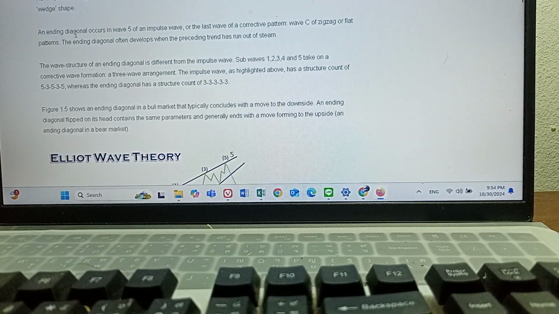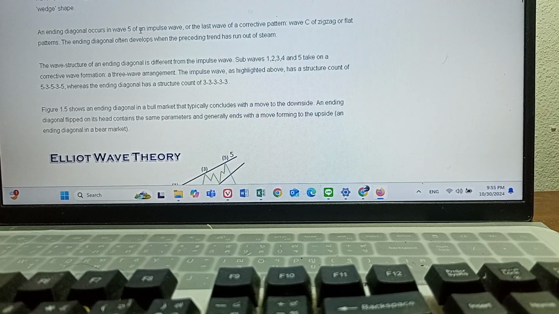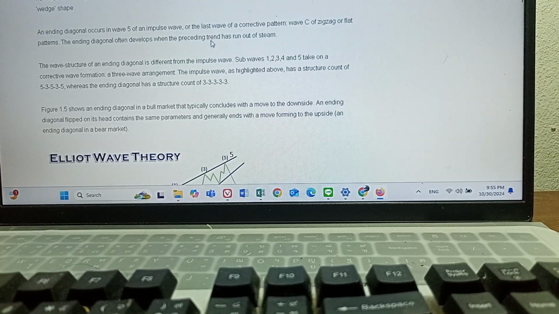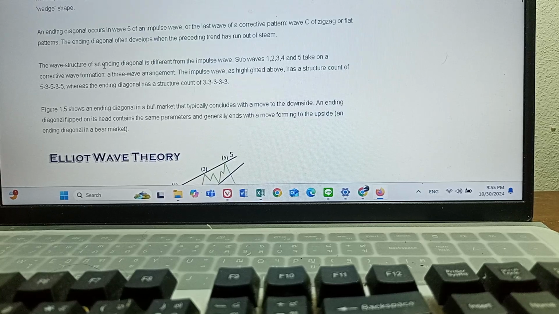An ending diagonal occurs in Wave 5 of an impulse wave, or the last wave of a correction pattern, Wave C, of zigzag or flat patterns. The ending diagonal often develops when the preceding trend has run out of steam. The wave structure of an ending diagonal is different from the impulse wave.